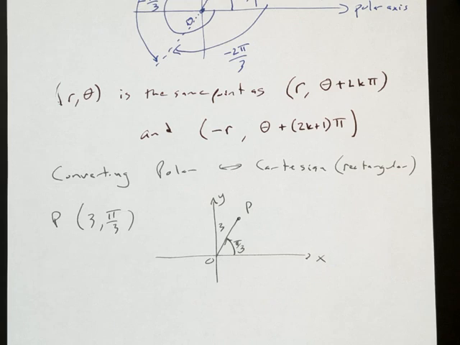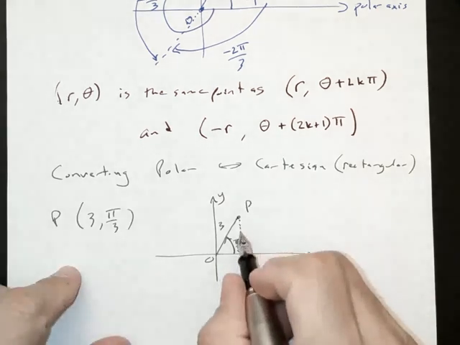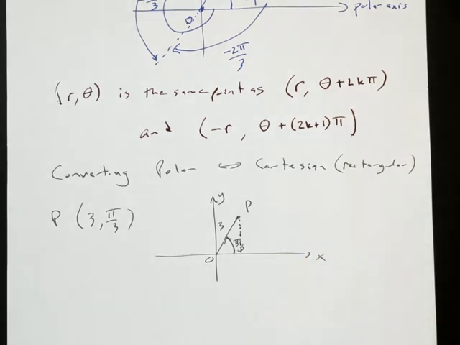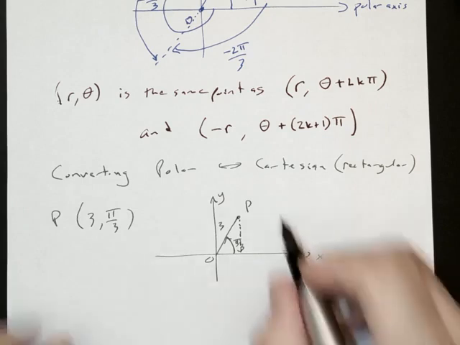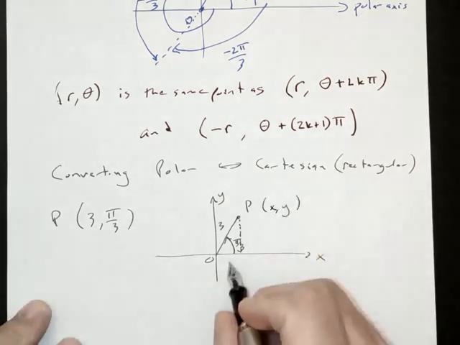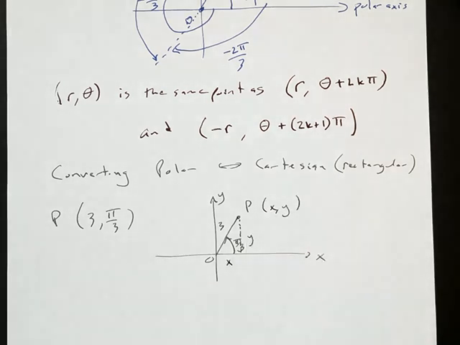Appendix D, the first week of Calc 1, or your trig class if you took it here. On this picture, add a right triangle by drawing a perpendicular from P down to the x-axis. And now, if I want to think of our point in x and y, then x and y are the sides of that right triangle.